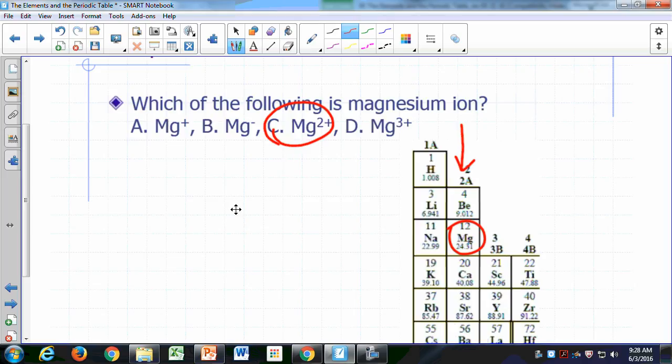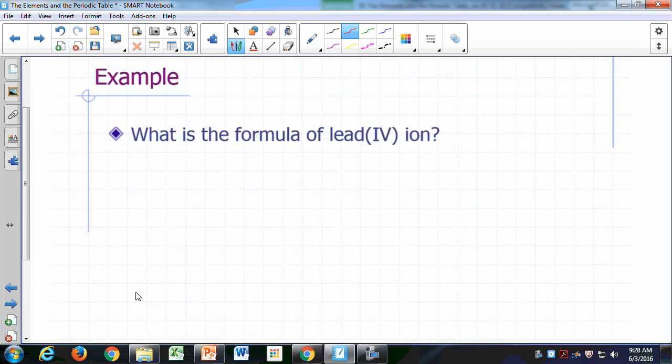So metal atoms have a tendency to become positive ions, cations. They have a tendency to acquire a positive charge. What would be the formula of lead(IV) ion? What does IV mean? Roman numeral 4. What is the symbol for lead? Pb, as in plumbing, lead pipes.